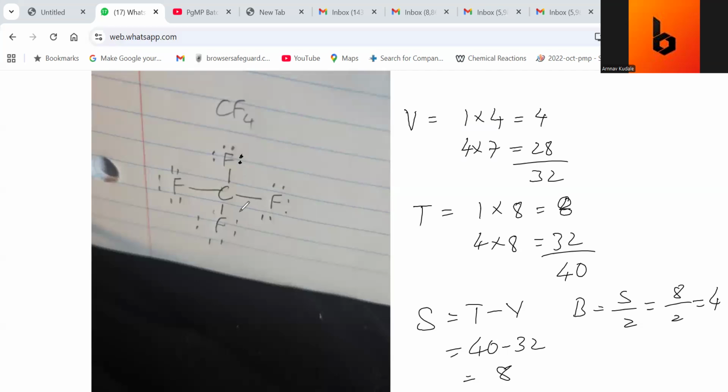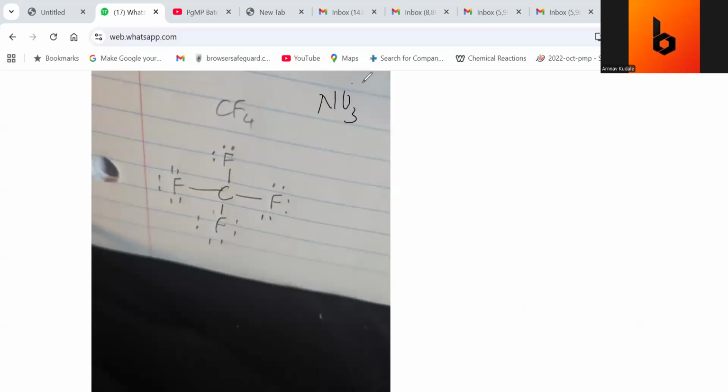NO3 minus. So N is 1 into 5, oxygen is 3 into 6, which is 18, so we have 23.